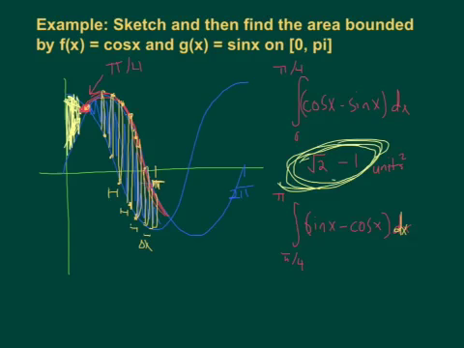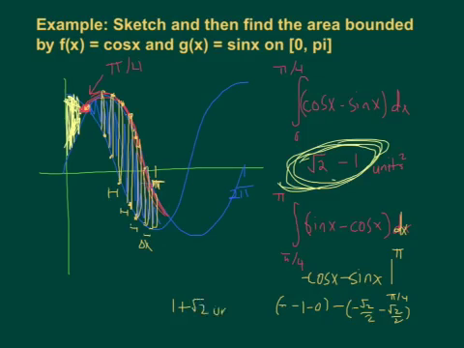So evaluating this integral, we will be getting a larger value. We will be getting 1 plus, the double negative there will be plus the square root of 2 square units. So all in all then, putting these two areas together, we have a total area of 2 square roots of 2 square units.